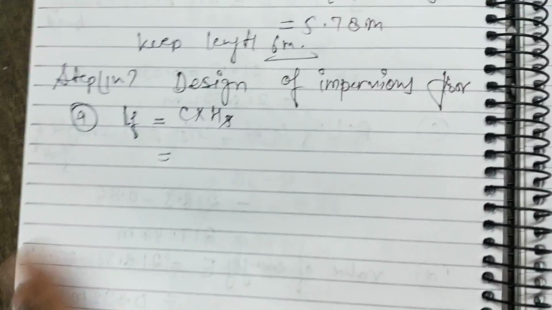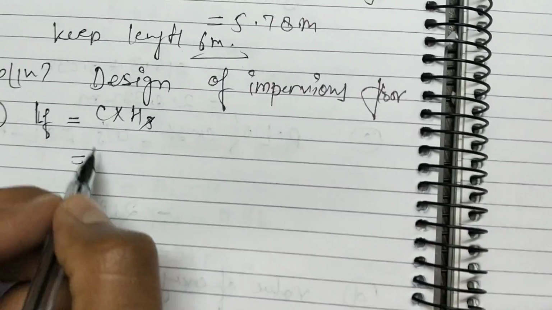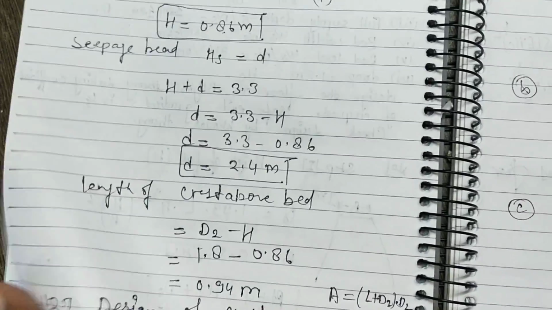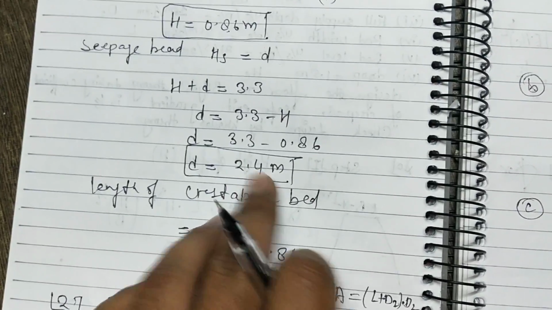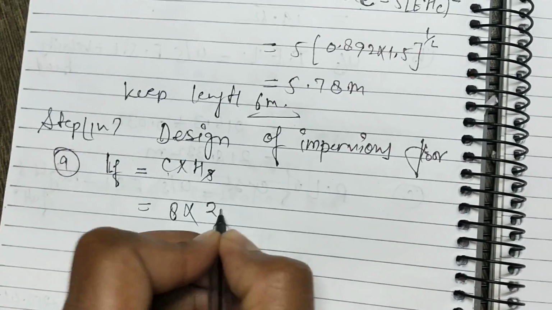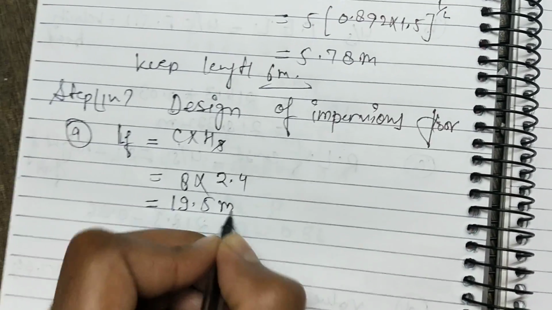What was C? The coefficient of creep was 8. And what was the seepage head? Seepage head was 2.4. And by the calculation it will be 19.5 meter.